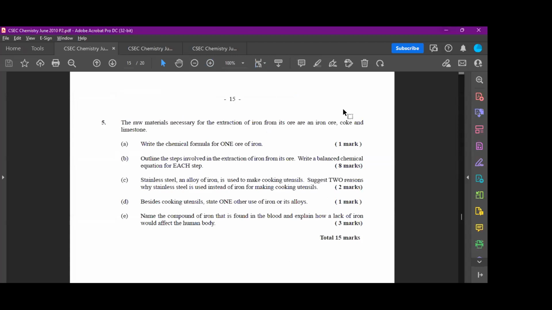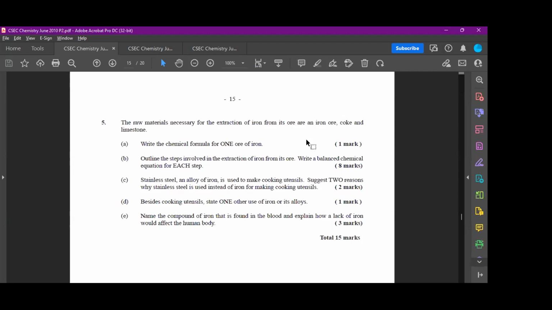All right, so the raw materials necessary for the extraction of iron from its ore are iron ore, coke, and limestone. First, write the chemical formula for one ore of iron, because there are more than one. Outline the steps involved in the extraction of the iron from the ore. Write a balanced equation for the steps, and there are 3 steps.